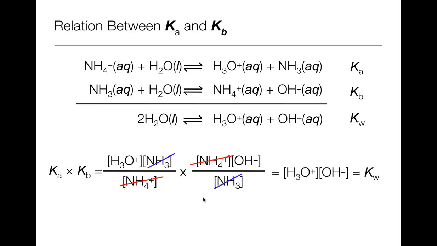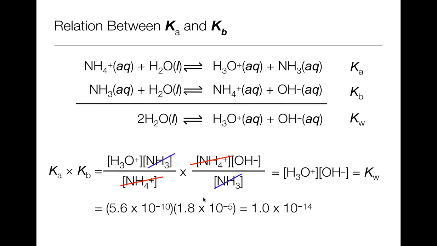I'm left with the concentration of hydronium times the concentration of hydroxide, which equals the autoionization constant of water, Kw. So for a conjugate acid-conjugate base pair, Ka multiplied by Kb is always equal to Kw.